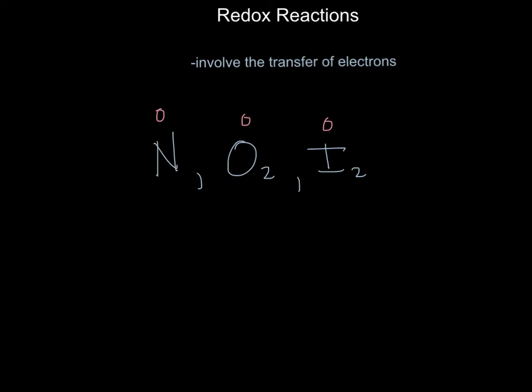So only when an element is bonded to a different element is it going to have an oxidation number. If it's all by itself, or bonded to another atom of the exact same element, then its oxidation state is 0.